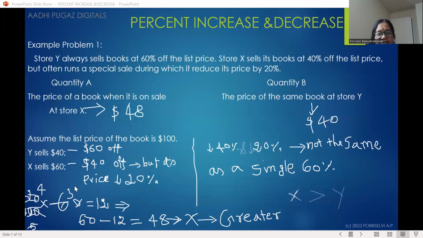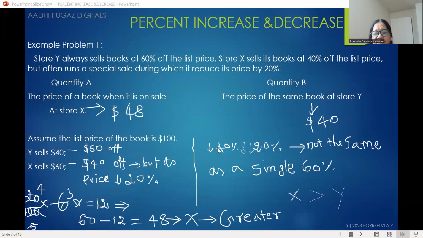So store X sells that book for $48. Store Y sells that book for $40. So quantity A is $48 and quantity B, store Y, is $40. When you compare, store X is greater than store Y.